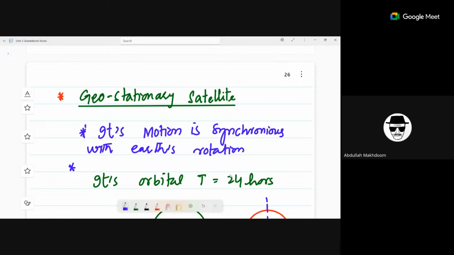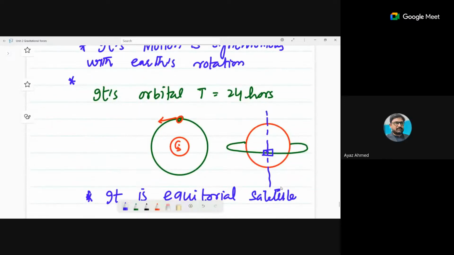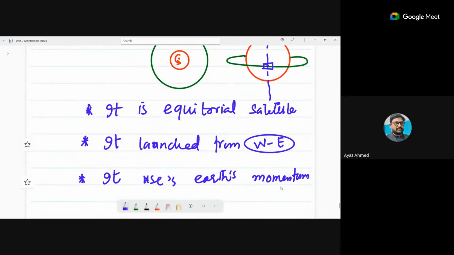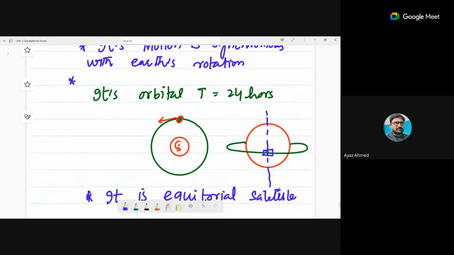Scroll down, please. My laptop has become a bit slow, because either it is taking more commands or it is not taking any of them.